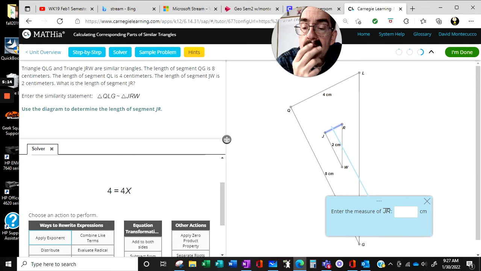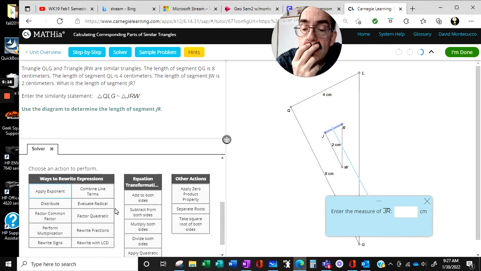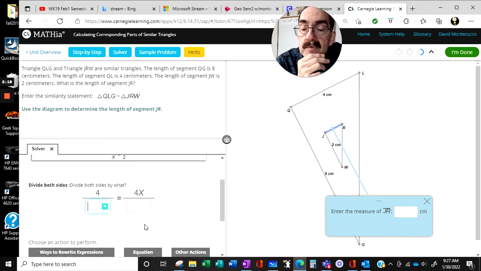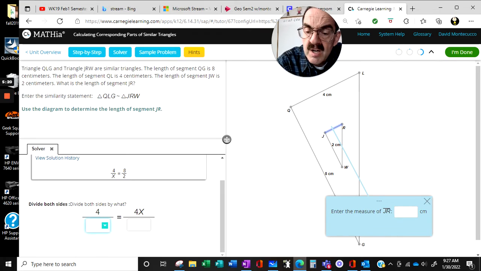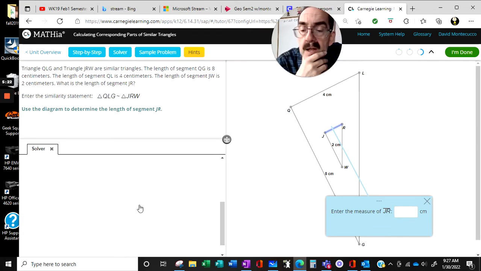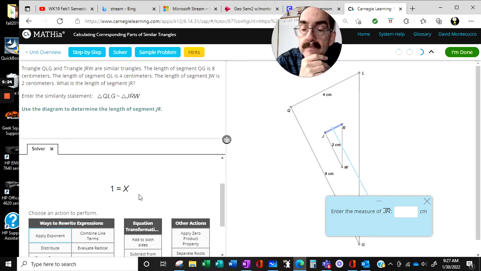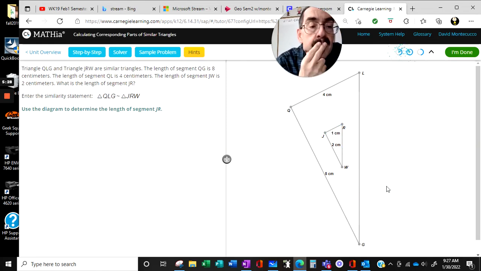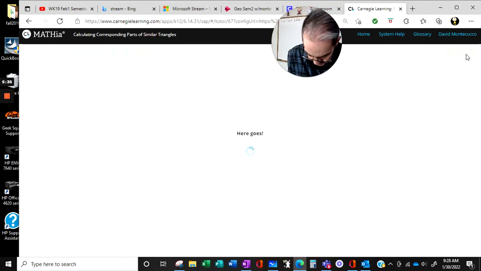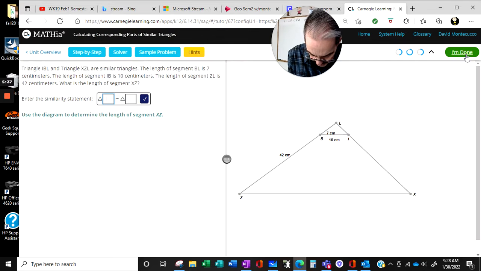Now we want to divide both sides by 4. And x is 1. Okay? 1. Cool. So hopefully that was helpful using the solver tool and proportions. Okay? Alright.